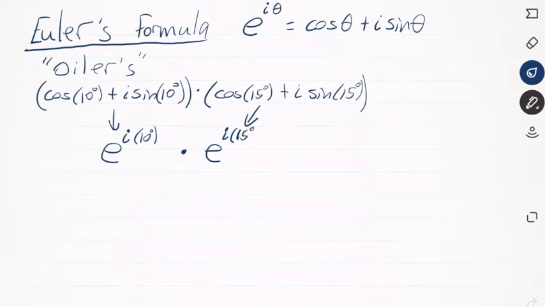So it's actually kind of writing it in terms of polar form, dropping the sine and the cosine. Now, what's interesting about this is when we multiply these e's together, what happens to the exponents is that we add them. So we're going to get e to the i 10 degrees, or actually, I should write that backwards, 10 degrees i plus 15i.